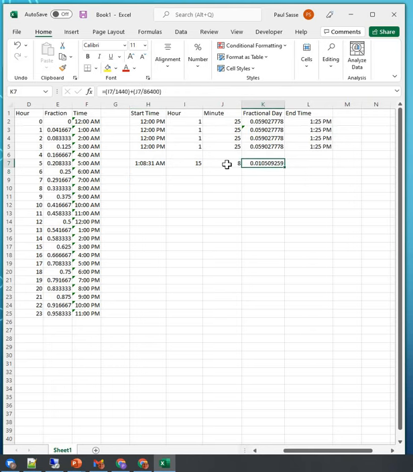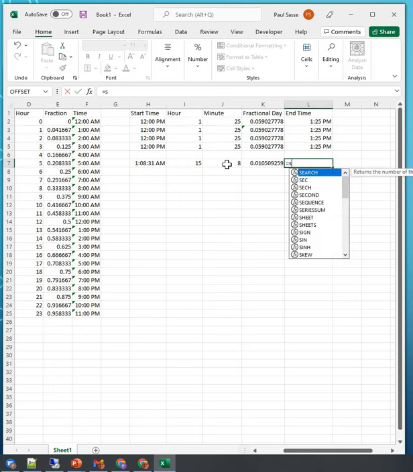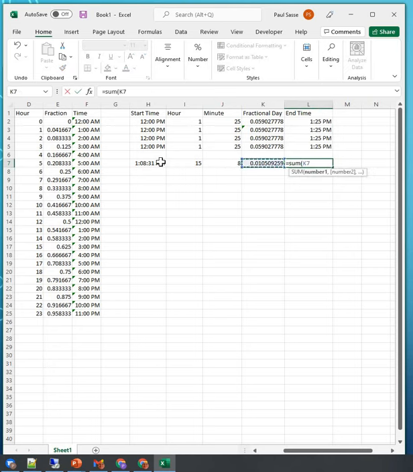That's your fractional portion of a day represented by 15 minutes and 8 seconds. Okay, so 15 minutes and 8 seconds after 1:08 and 31 seconds is 1:23 and 39 seconds.